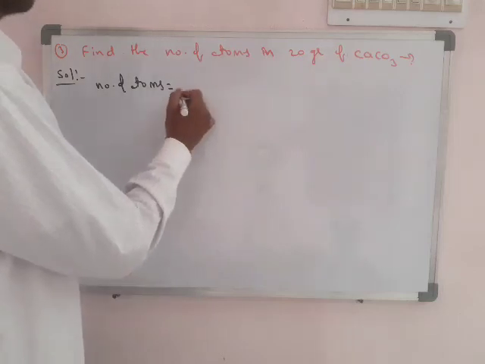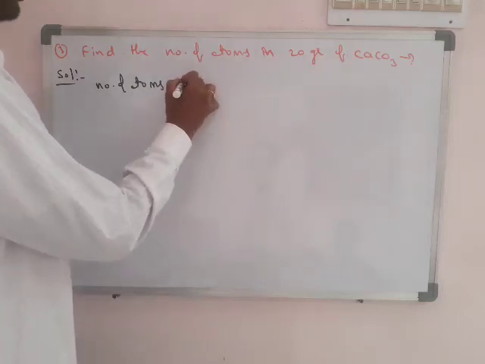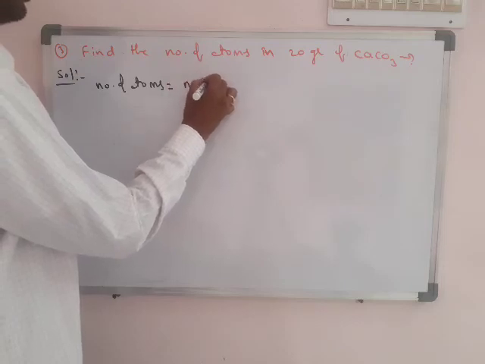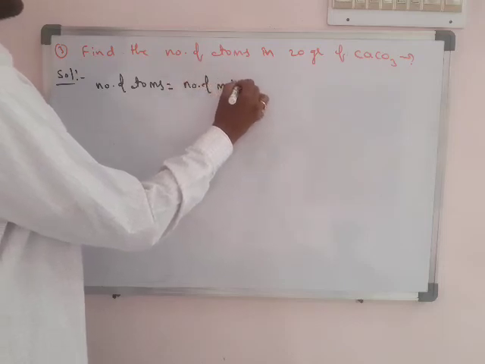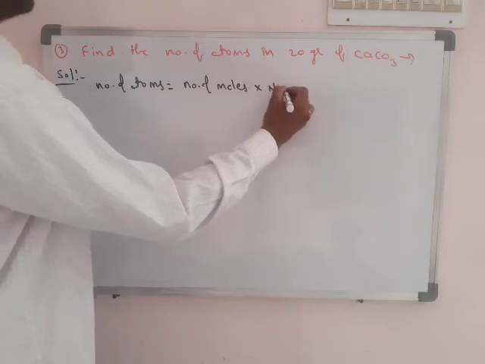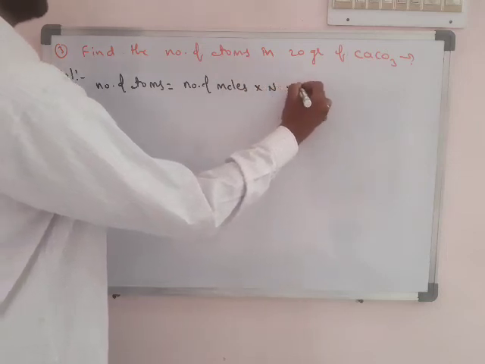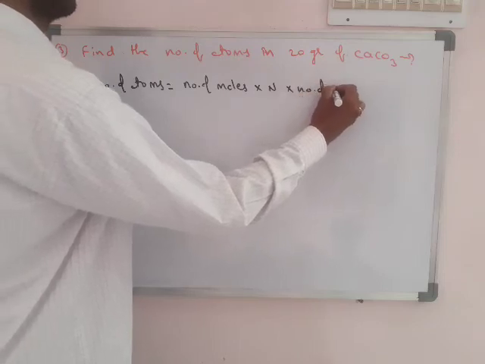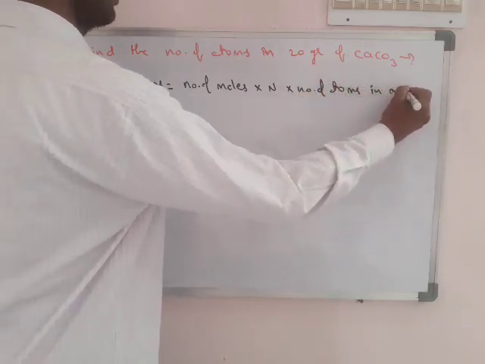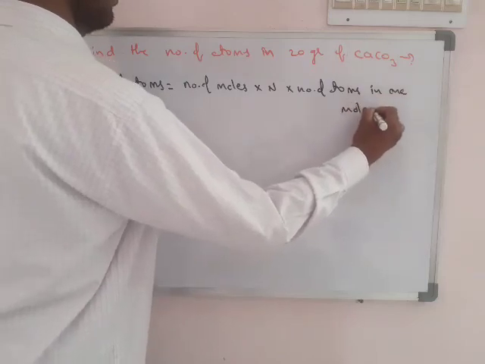Here, since molecules are what we need, we find the number of moles. Number of moles into Avogadro number into the number of atoms in one molecule.